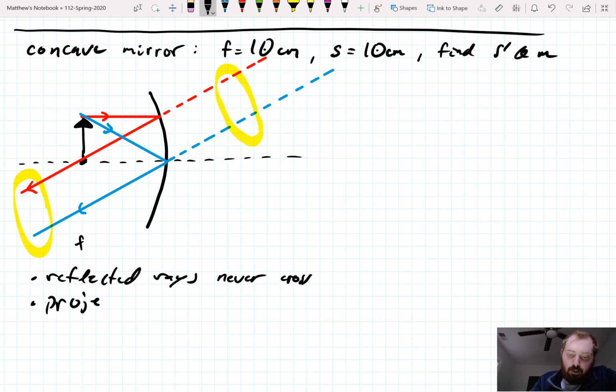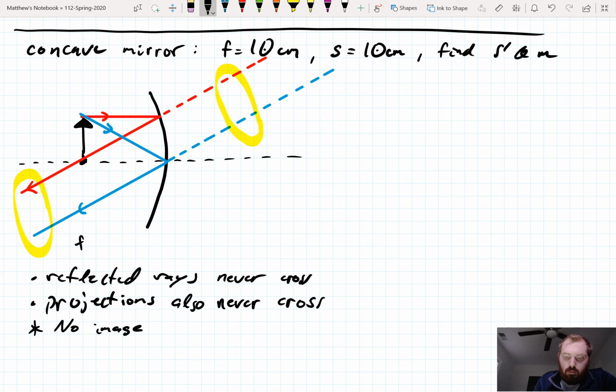So the projections also never cross. What the heck does that mean? Well, all we have to say is no image is formed. There just is no image when you're standing right on top of the focus.